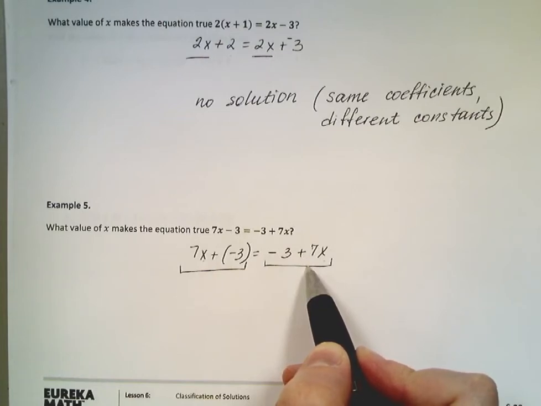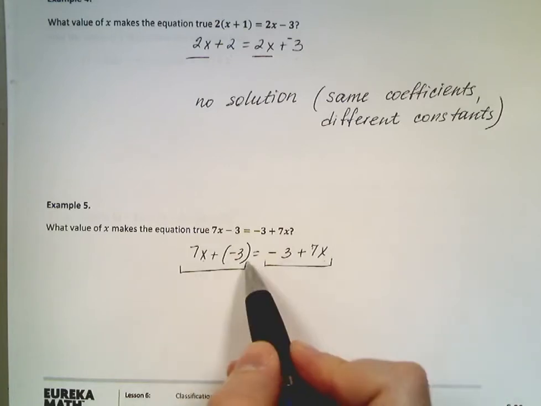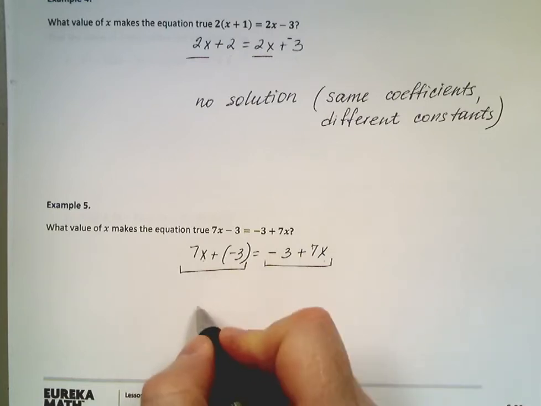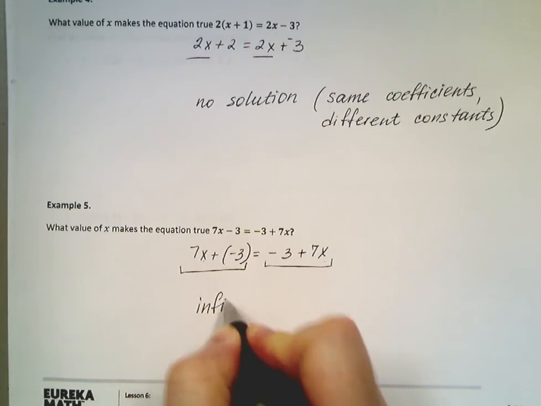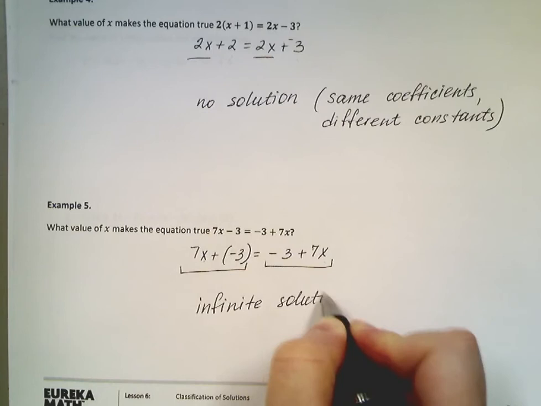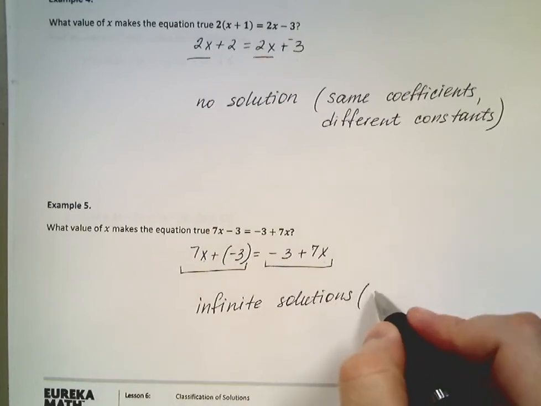In this case, when we have the same variable, the same constant, the same coefficient, we will have infinite solutions to this equation. Infinite solutions. Coefficients and constants are the same.